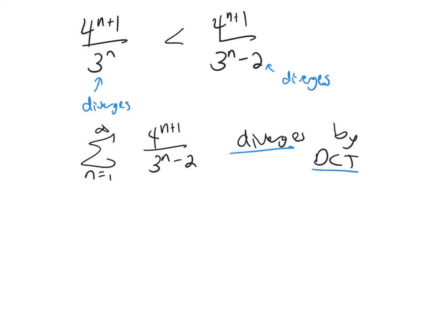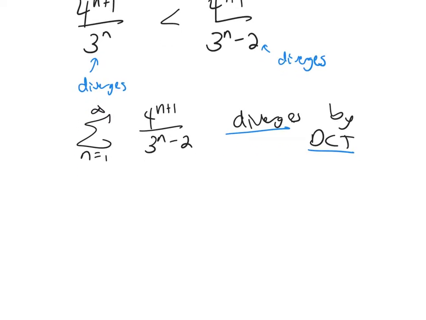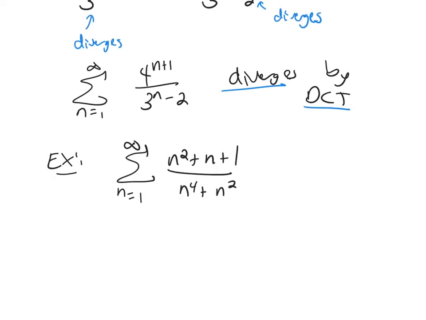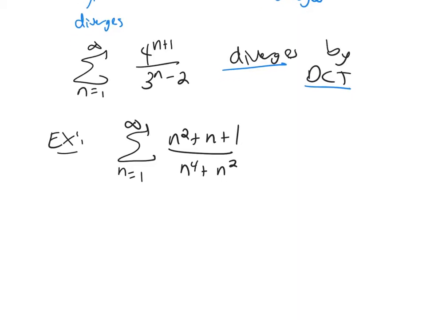All right, and our final comparison problem we're going to look at is, I want to know, does this series converge or diverge? The series has positive terms, so you can use a comparison test with it. And so what should we compare with?